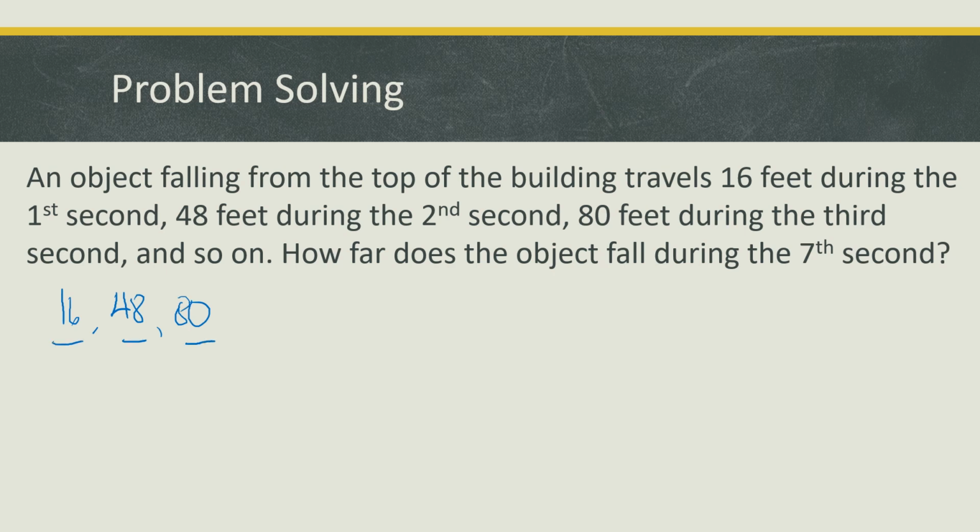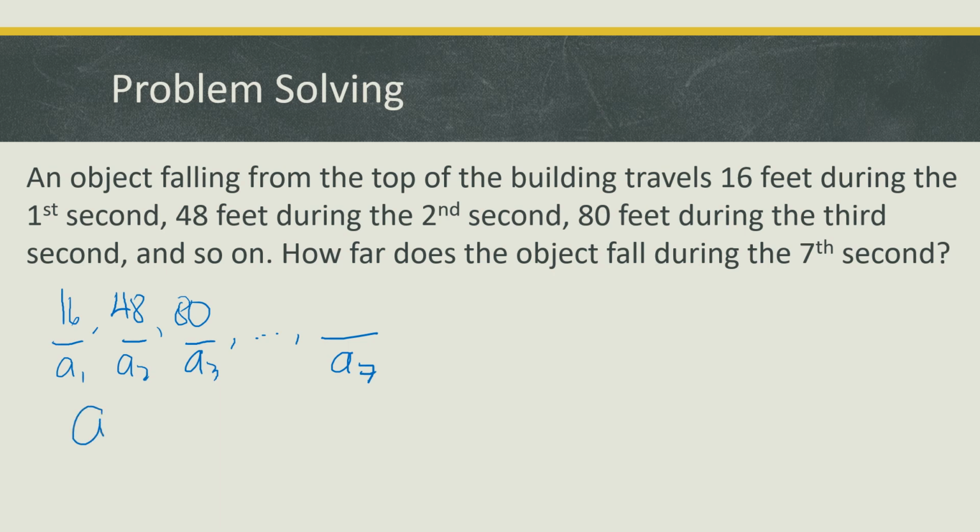These are our first term, second term, and third term. The problem is what is our seventh term, because we need to calculate our 7th second. What is the distance traveled after the 7th second?